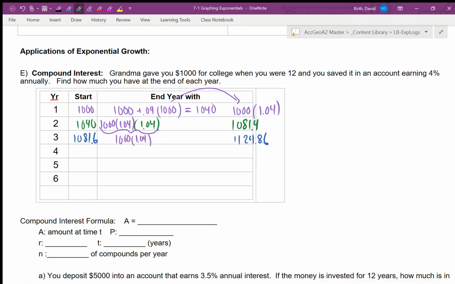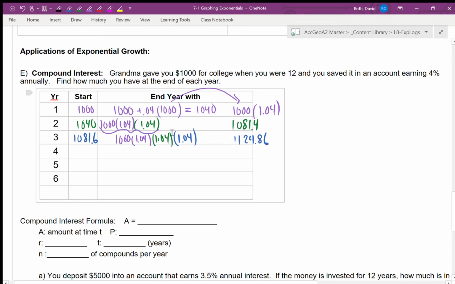I multiply that by another 1.04. That got me to 1081.6. Then if I multiply that by yet another 1.04, 1,000 times 1.04 times 1.04 times 1.04 is the 1124.86.